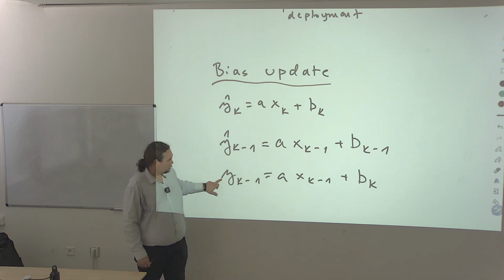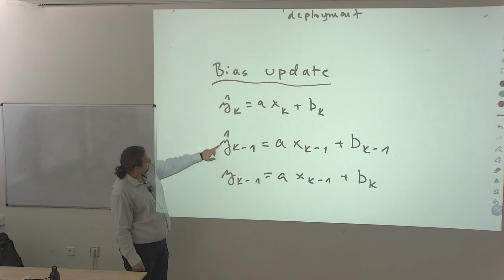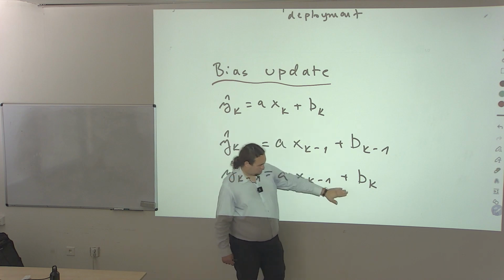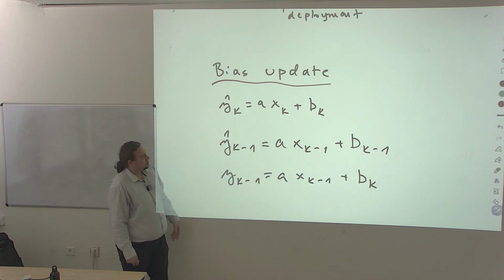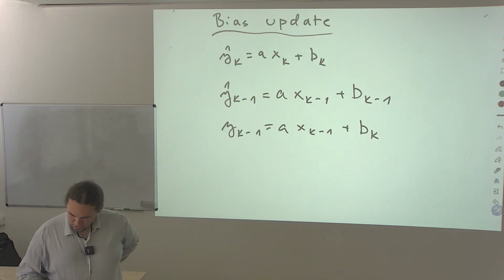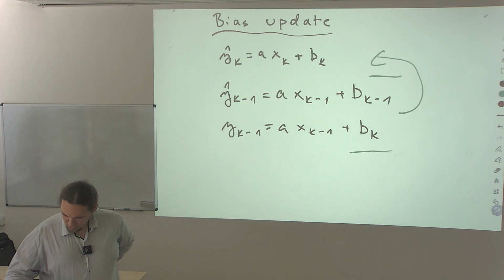So this was our true measurement. Now we want to make a comparison of these two, and update here. This is not a mistake. Update here the bias such that it would work. So we take these two and update.